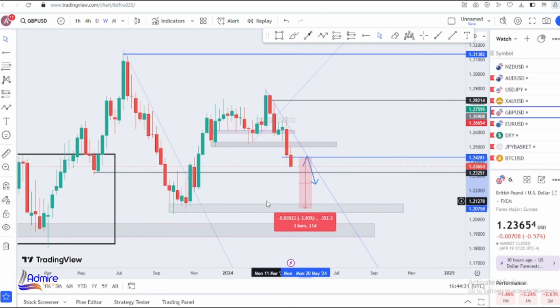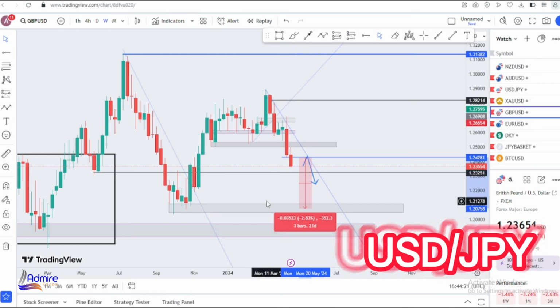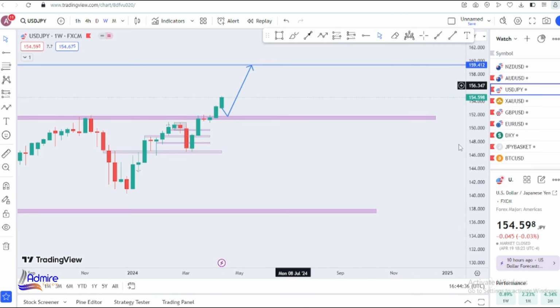Okay, up next is USDJPY. For you guys that already know, USDJPY is most likely directly correlated to the dollar index. We have been having 2 weeks of massive bullishness on USDJPY, as you guys can see here. So we'll go over to a daily time frame or lower time frames.